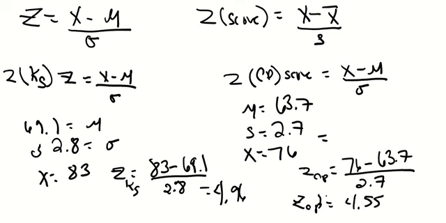So we know that 4.96 is larger than 4.55, so we would say that Kevin Garnett is relatively taller than Candace Parker.